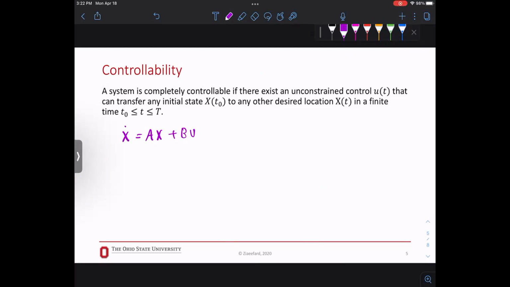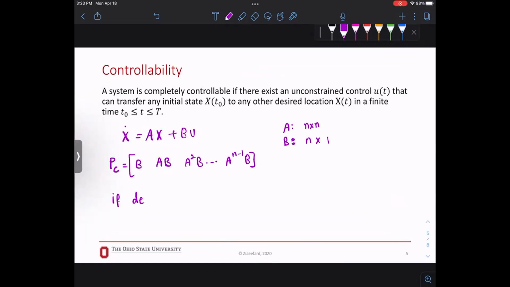You then form PC, the controllability matrix. This is going to be your B matrix, then A times B, A squared B, until A to the n minus 1 times B. So you find your A matrix, n by n, and your B matrix, n by 1, then you form your PC.